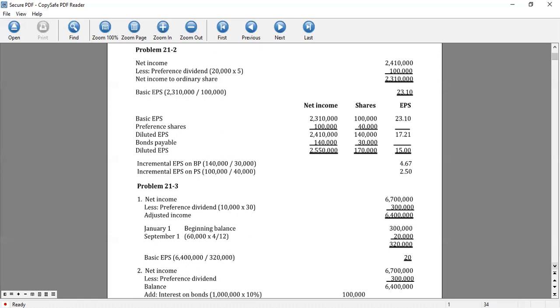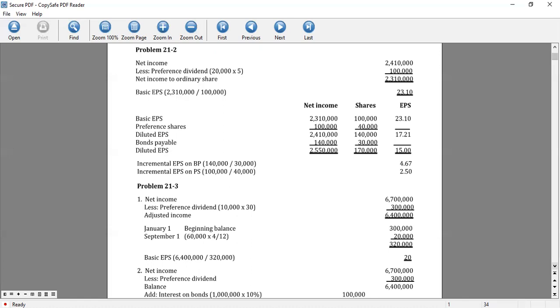Then for the bonds payable, if ever the bonds payable will be converted, then the company will be receiving here the 10% convertible bonds payable with face amount of 2 million, and the 9% bonds are convertible into 30,000 ordinary shares.